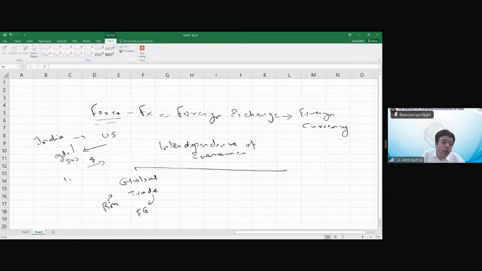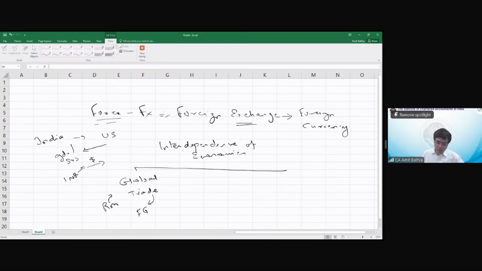So how do I convert this INR into USD? That is where exchange comes into place, right? Because unless and until I convert my home currency, which is INR, into an international currency or a foreign currency, that is the US dollar, I will not be able to make payment to my clients, right? So that is what establishes basically the international need for foreign currency.